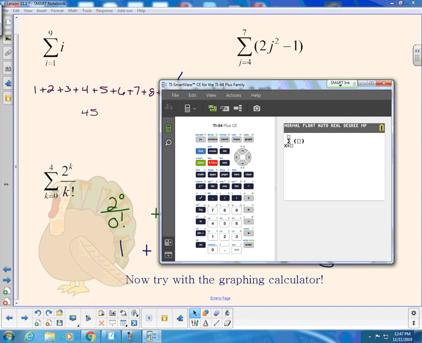X equals, let's do this one. 1, go up to 9, fill in the little boxes, and then the function is just X. It'll add it for you. Okay? Alpha window, summation, X equals 4 to 7 is my upper limit, and then it's 2x squared minus 1. Easy breezy? Okay.